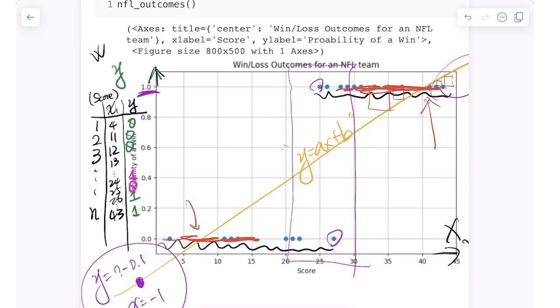So maybe you need some shape like this, which is called an S curve, to describe the relationship between the points you score and the probability of your win.